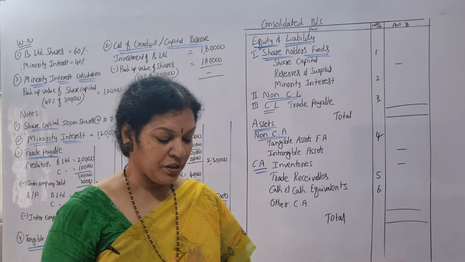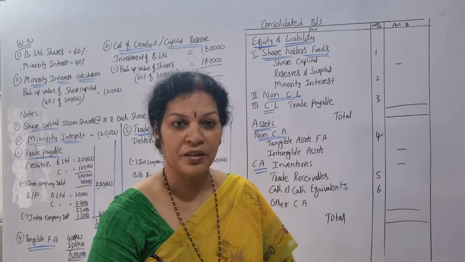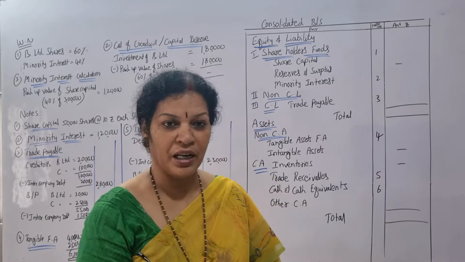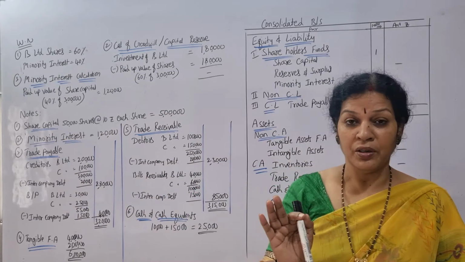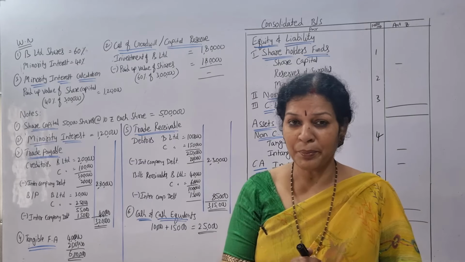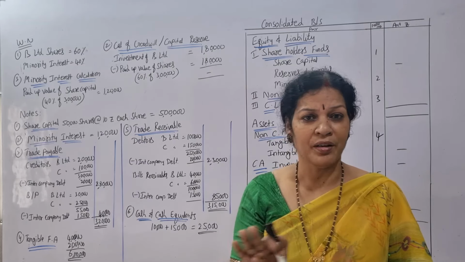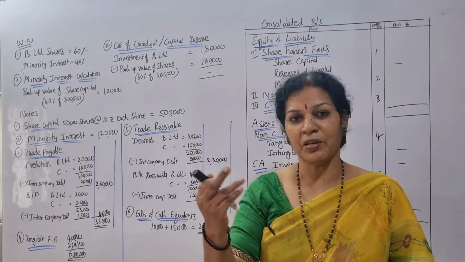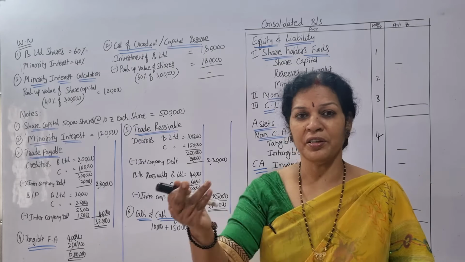First we can write the liability side. Share capital we are writing. Share capital is note number 1. Already I have written here. What is the share capital value? 5 lakh. Which company's will we take? Holding company, not subsidiary. Subsidiary is already purchased by the holding company. So we take the holding company, 5 lakh only.